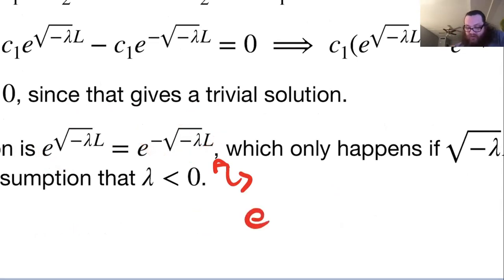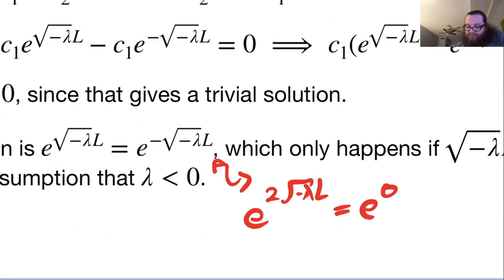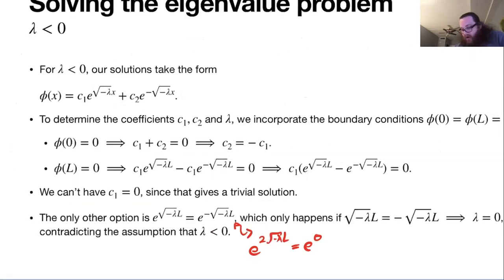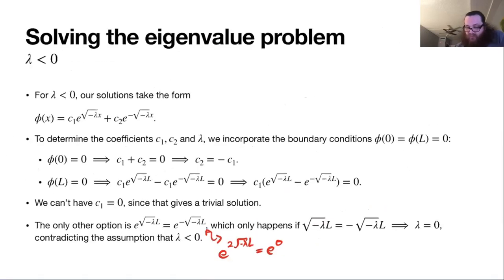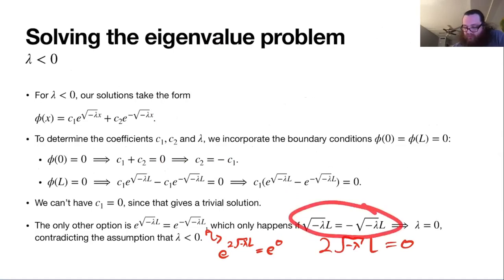So this is equivalent to e to the 2 root minus lambda L is equal to e to the 0. However you want to deal with it, what you end up getting is some sort of equation. So let's write it like this: 2 root minus lambda L is equal to 0, which is equivalent to what's written here.